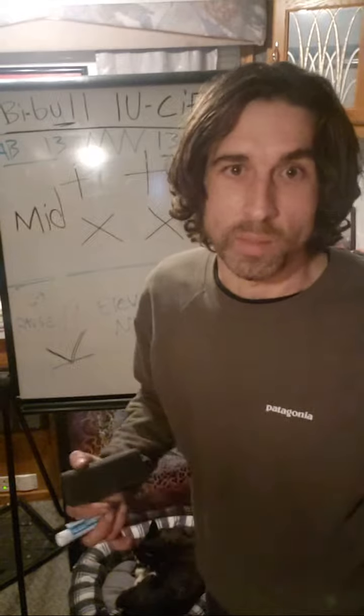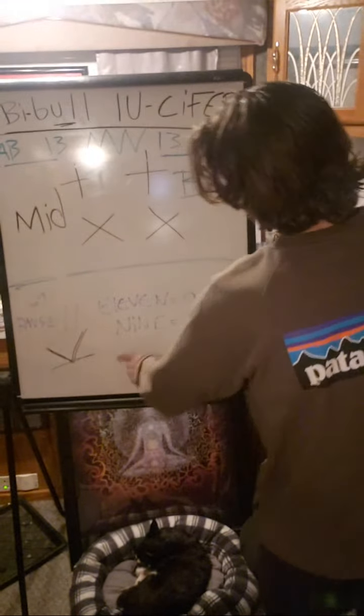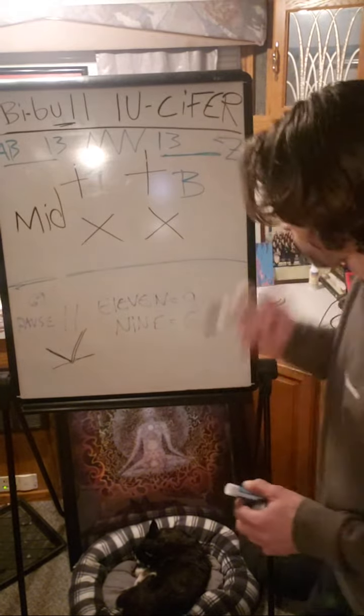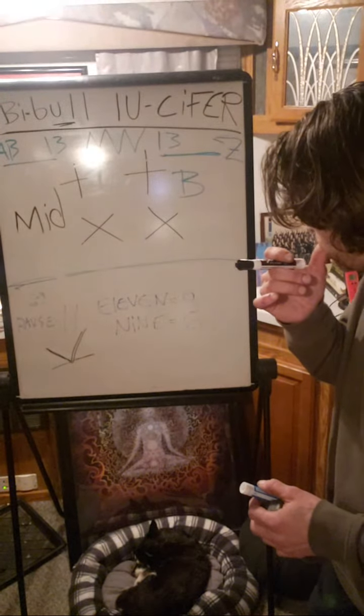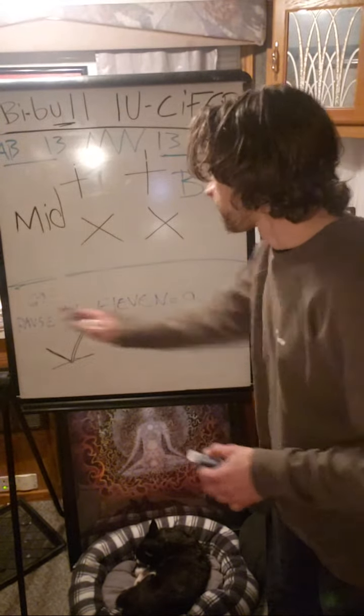I don't really go by stuff. I just go by what I see. I see the connections. So 11 equals 9, 9 equals 6. So we see the movement of the 6 and the 9.